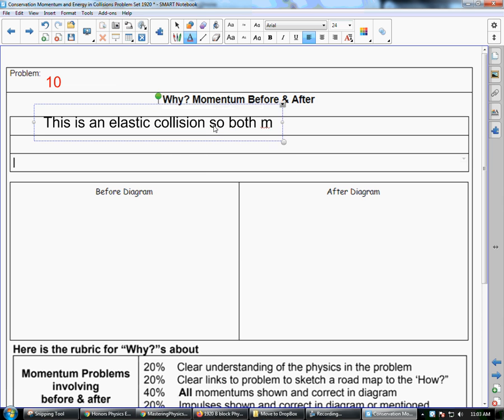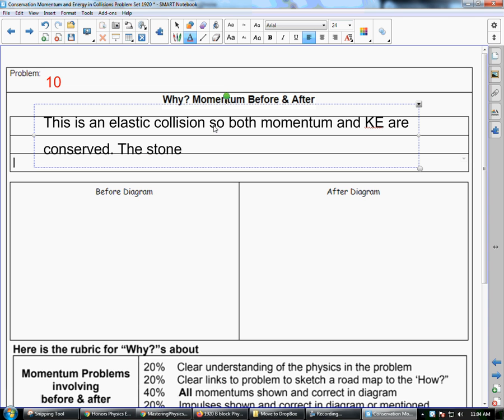So both momentum and KE are conserved. The stones undergo equal and opposite impulses.